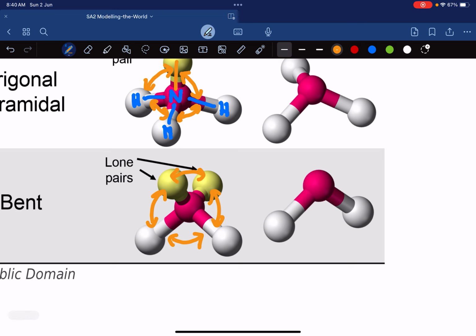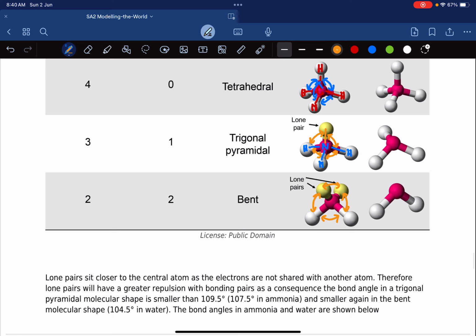So the repulsion that exists between the electron pairs around the central atom is called the valence shell electron pair repulsion theory. Because of this repulsion, the molecules end up adopting a different shape to minimize the repulsion.